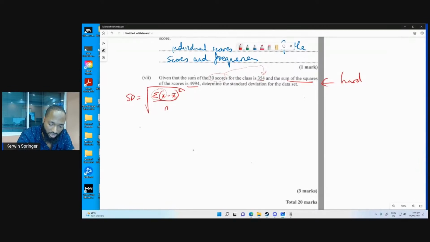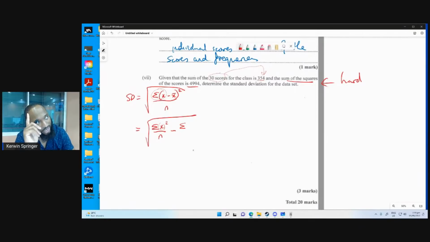Now this formula can be split. I show my class another way, but here is another, easier way to do it. This formula can be split into the sum of all these scores squared divided by n, minus the sum of the x bar, the sum of the means, of all the means.